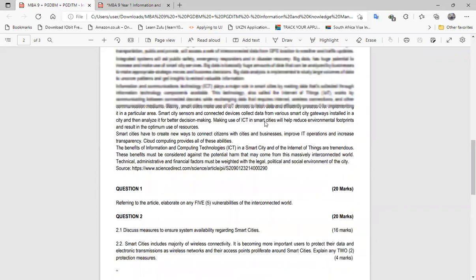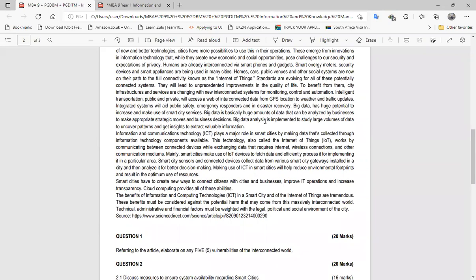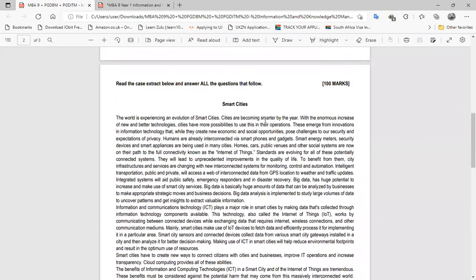All right, so basically, let me just give a brief on smart cities. I think I once saw a certain article. I'm not so sure from which newspaper or from where exactly, but I think South African. Okay, let me not say South African government because it's specifically the city of Joburg.